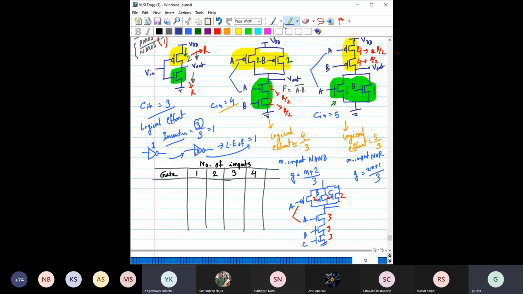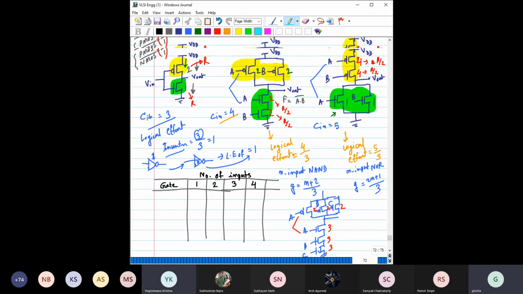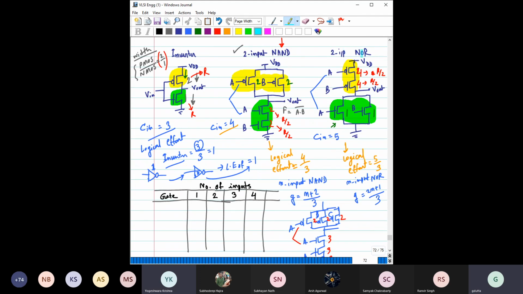But here I would request you to notice one thing: both are 2 input, the NAND and the NOR. But see the logical effort. For 2 input NAND, the logical effort is 4 by 3. For 2 input NOR, it is 5 by 3.